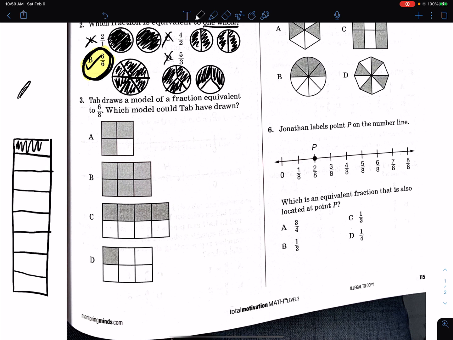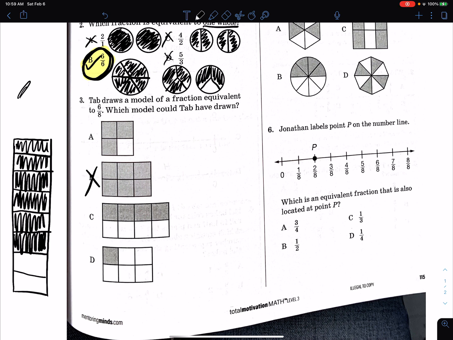So 1, 2, 3, 4, 5, and 6. Alright, so now we've got to find another model that Tab could have drawn. Well, in looking at my answer choices, I can see that letter B is going to be one whole. So I don't even have one whole over here shaded, so I can cross out letter B.